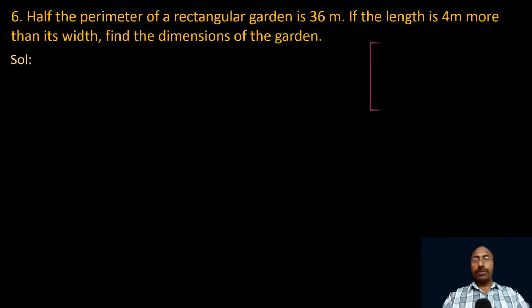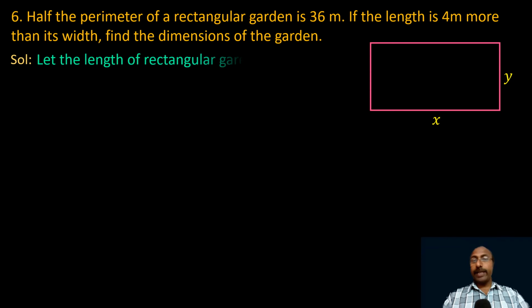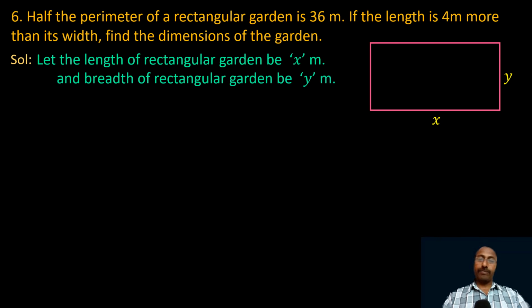Okay, so this is the rectangle, and let the length of the rectangle be x and breadth of the rectangle be y. Now it's given that half the perimeter, and half the perimeter is sum of one length and breadth. Okay, so x plus y, sum of length and breadth is x plus y, and it's given that x plus y is equal to 36.